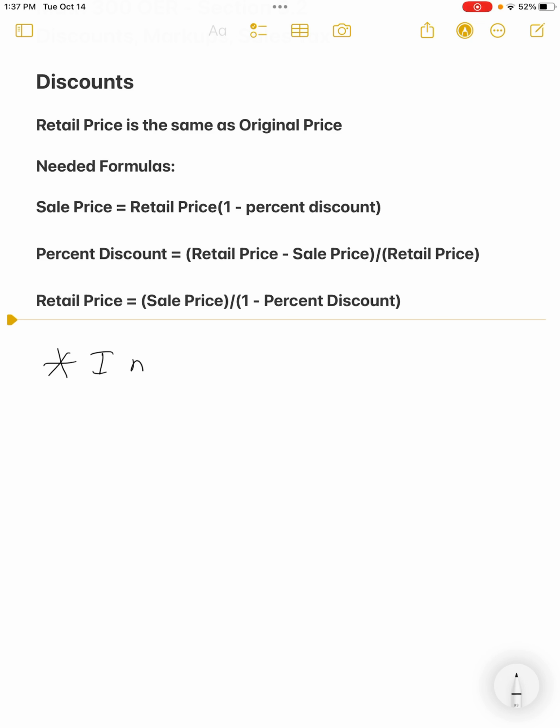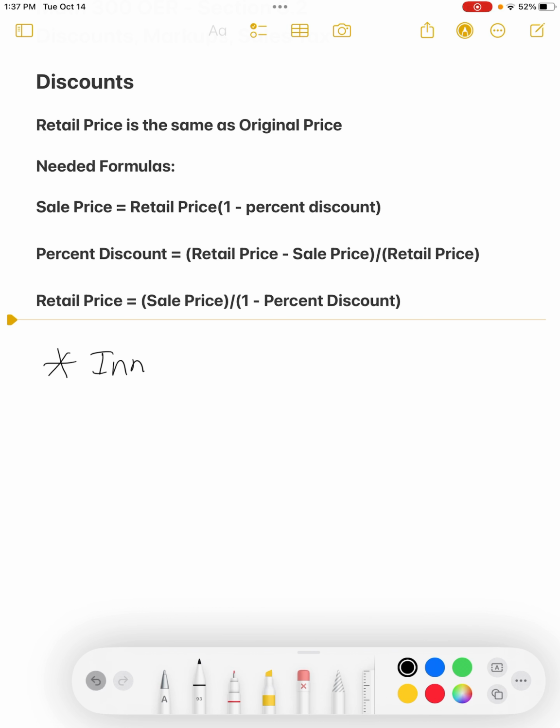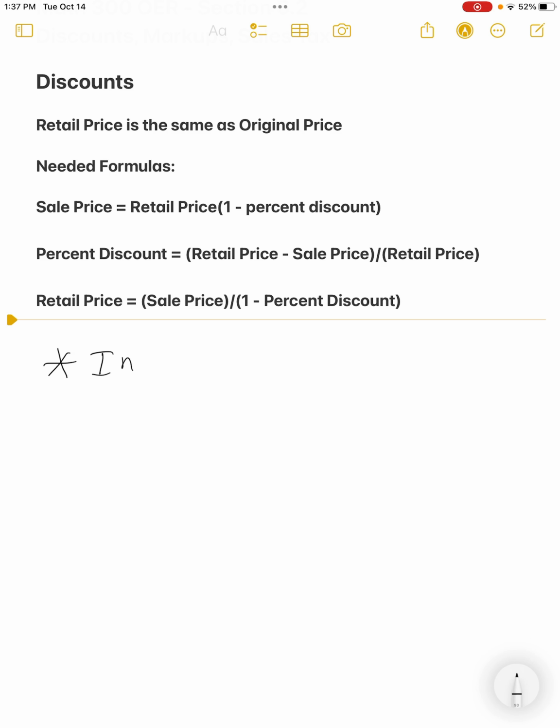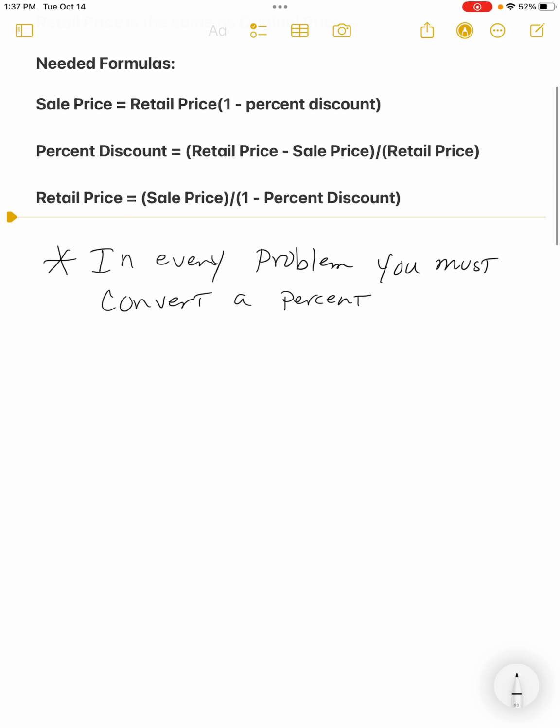In every problem, you must convert a percent. Whether that's you converting the percent that's given to you right in the beginning to its real number equivalent, or whether that's you adjusting a number that you get in the end to reflect the percent.